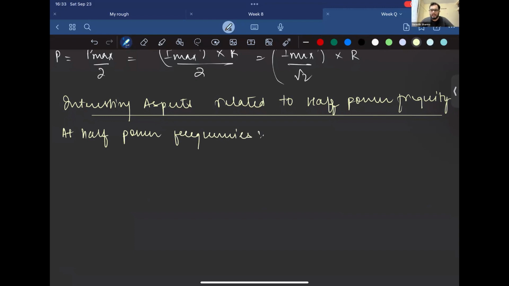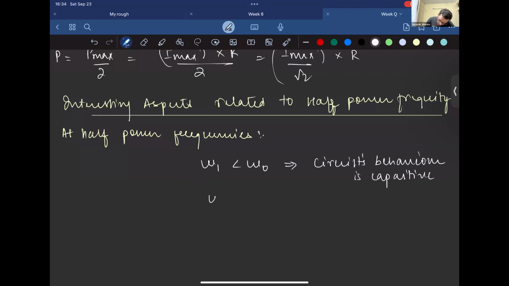At half power frequency, omega 1 is less than omega naught, which means the circuit behaves capacitive. And for omega 2, which is greater than omega naught, its behavior is inductive.